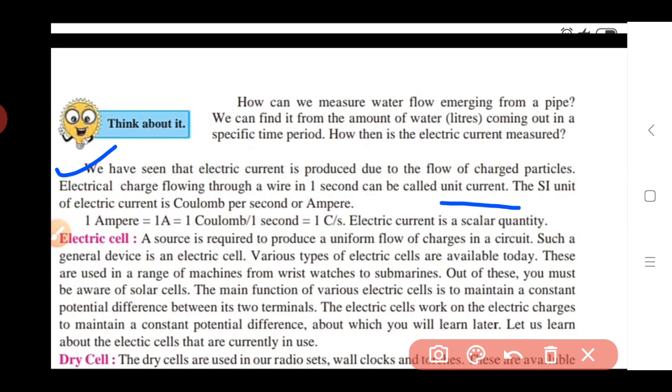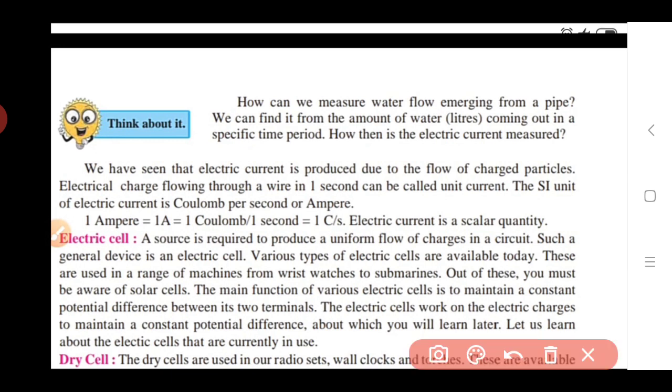The SI unit of electric current is coulomb per second, or in another word we can say it is the ampere. Charge is measured in coulomb, and this charge is measured for 1 second. So the unit for measuring electric current, 1 unit current, is the coulomb per second, and this coulomb per second is also called ampere.